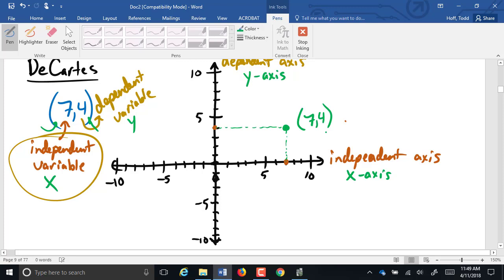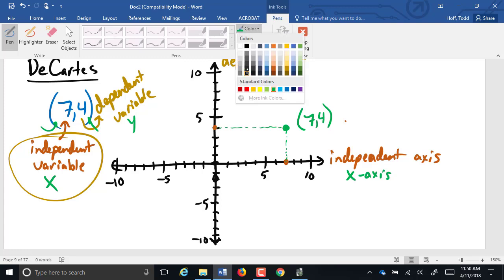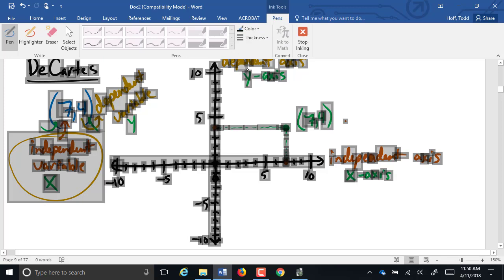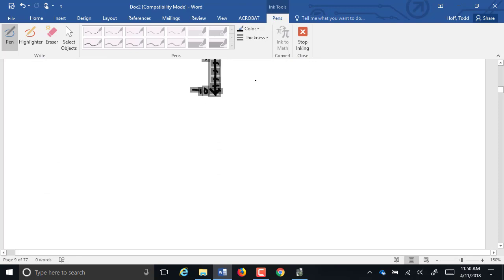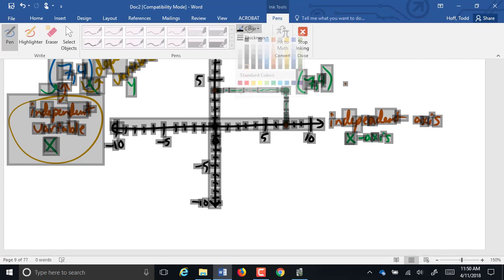I'm guessing that many of you have worked with XY coordinate planes or two-dimensional coordinate planes. Is there anybody, just to show of hands, anybody that has not worked with an XY graph before? Okay, so we're not going to spend a lot of time plotting single points and naming points, but that is something you will be required to know.